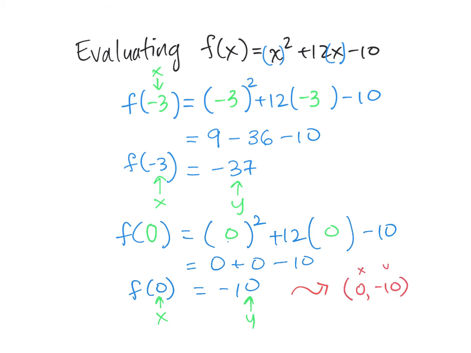That's my x value, that's my y value. That's the point that would be on the graph of that function. Likewise, up here, if I were to think about this as an ordered pair, this pairs the x value negative 3 with the y value negative 37. That would be another point on the graph of this function.